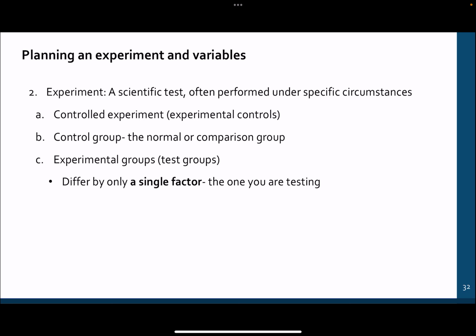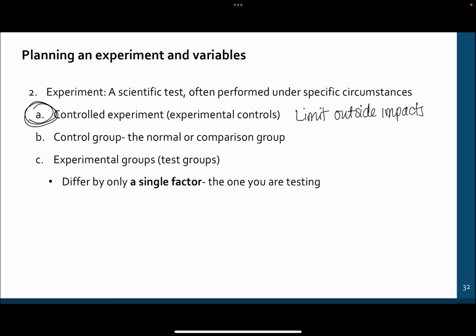The most important is that our scientific experiment is a controlled experiment, meaning that you want to limit outside impacts.